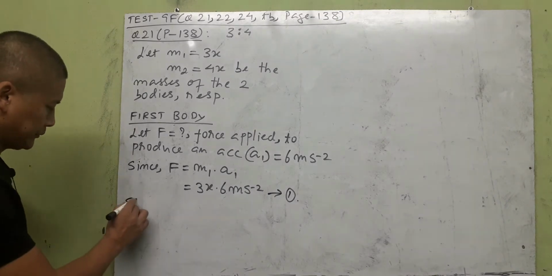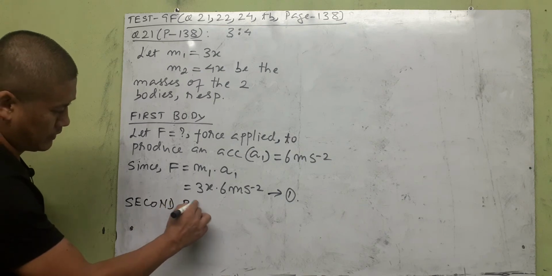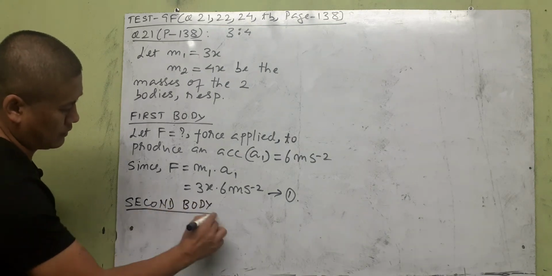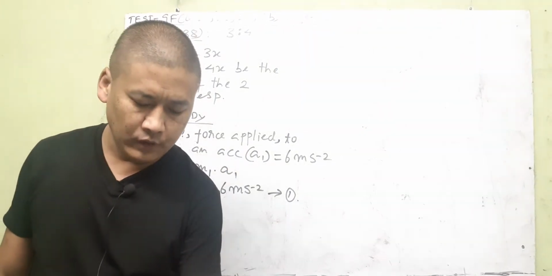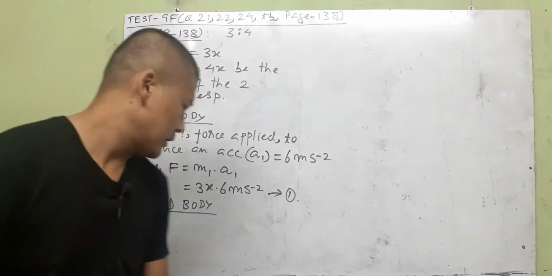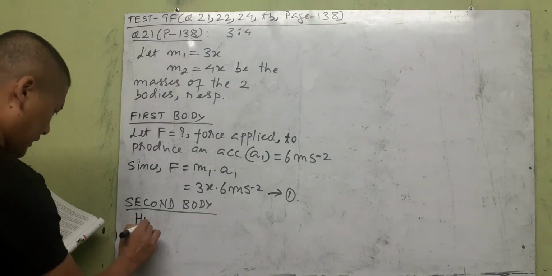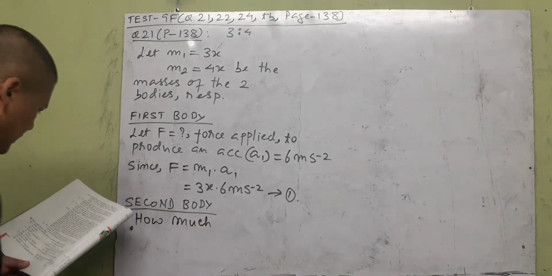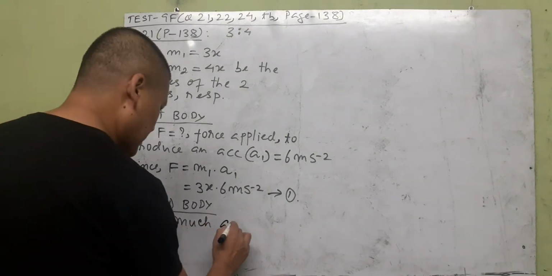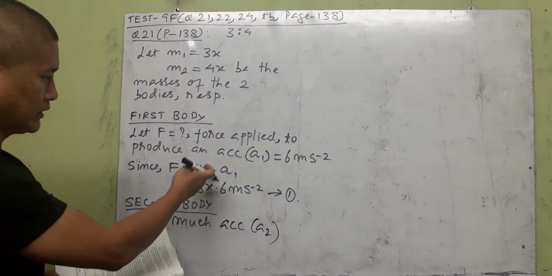Now the second body, let us go. It's not hard, just proper understanding and applying it is important. How much acceleration, just write it in the format of the question itself. Sometimes it's easier to do. How much acceleration, let us say A2 for the second body, A1 is for the first body.